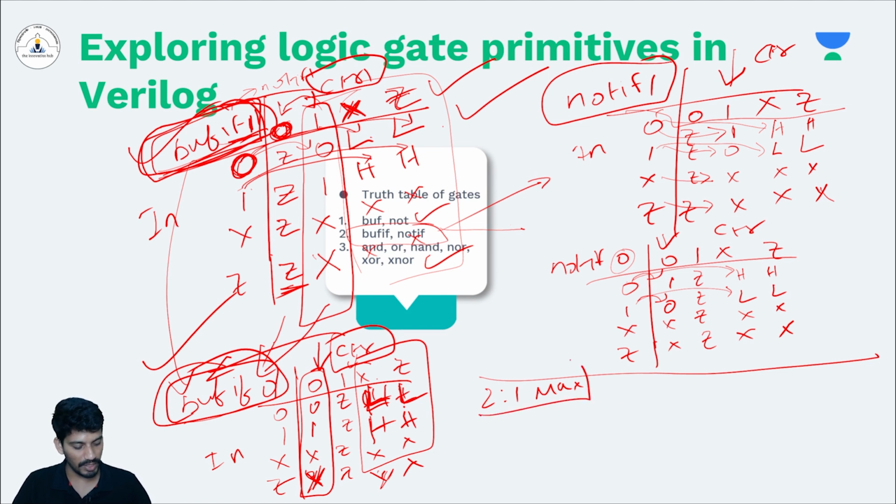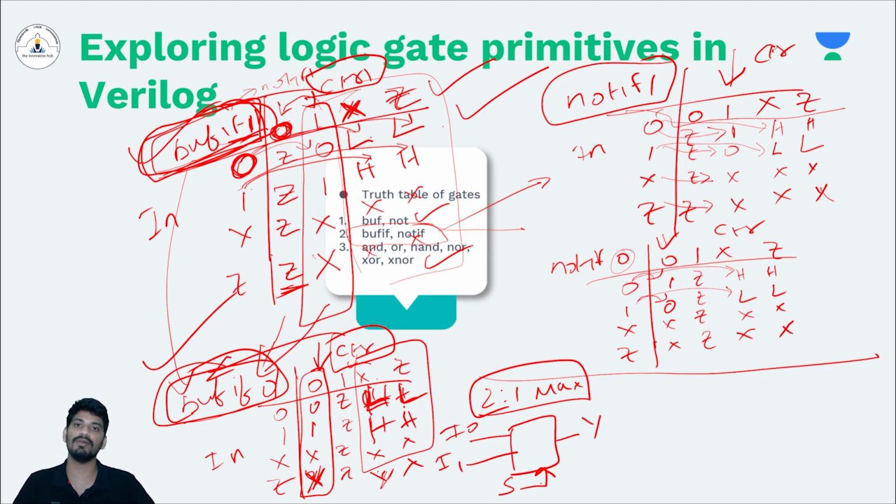So in order to design a 2:1 multiplexer, 2:1 multiplexer means what? You have two inputs, let's say input I0 and I1, and based on the select line S, the output will either be connected to I0 or I1. So this itself is an if condition, right?